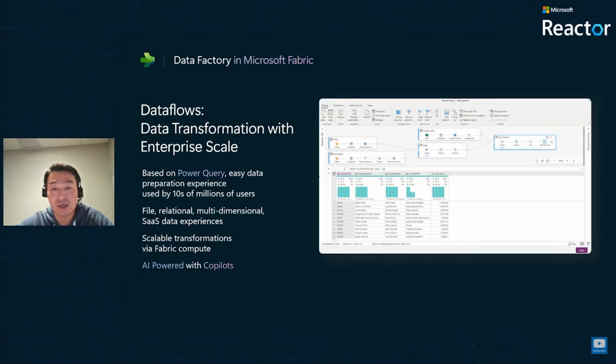It provides you a low-code experience to transform your data from Excel, Power BI, Dynamics, etc. On Data Factory in Fabric, you will see a very similar experience to Power Query, but at the same time get the benefit of the scale of the Fabric compute engine to transform a large volume of data. So this is another tool for you if you want to do an ETL from any source to any destination.